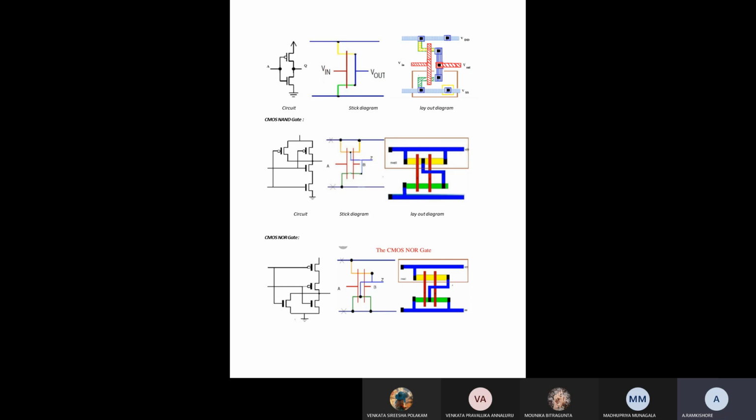CMOS inverter, complementary metal oxide semiconductor inverter. It is a combination of both a p-type transistor and an n-type transistor.